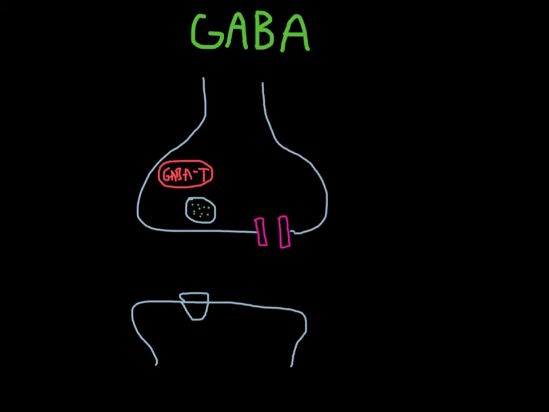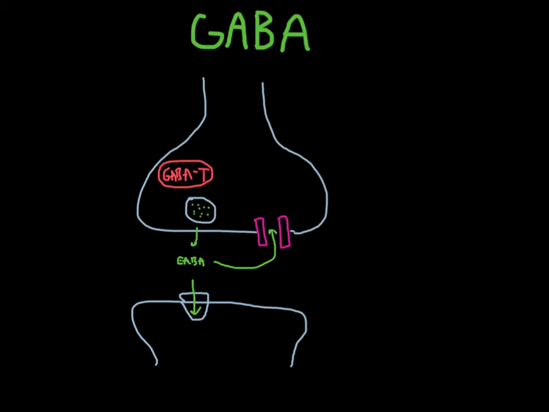Here we have a GABAergic neuron, and we have the GABA stored in these vesicles here, and so GABA is going to be released into the synapse, and it has the potential to bind to this GABA-A receptor here. And this is what we want, because we want the inhibition of neurons. However, once GABA has sort of finished its job, or it's not all required, it'll be uptaken through these transporters here.